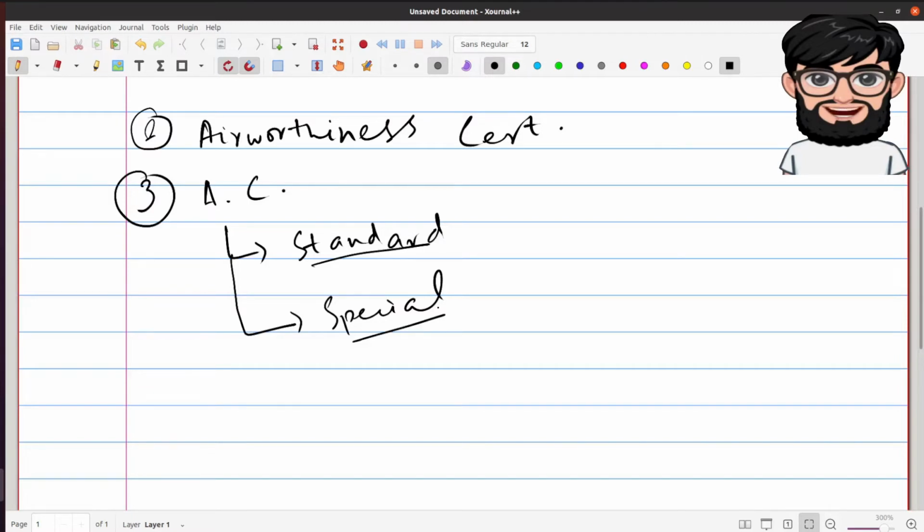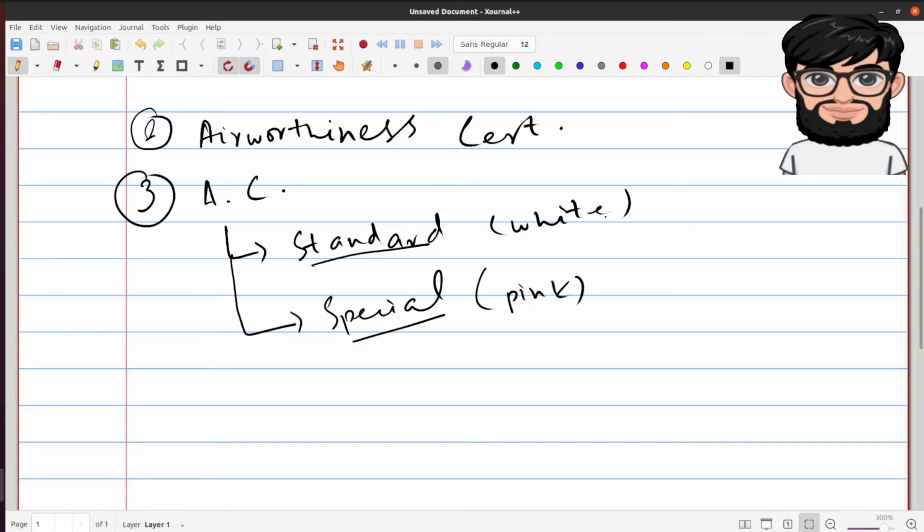The special ones normally are in a pink certificate, and they are issued for restricted or limited category aircraft, or maybe for sport aircraft.